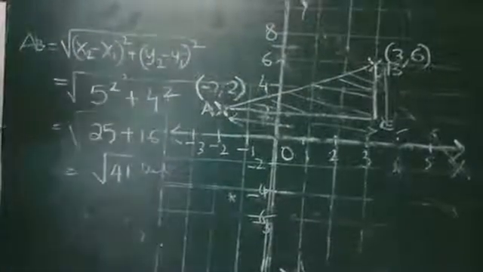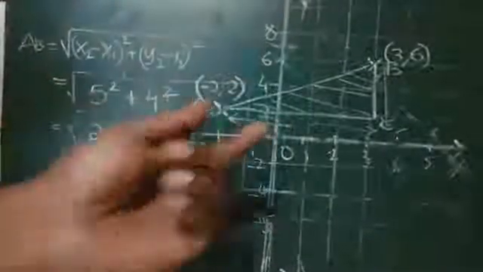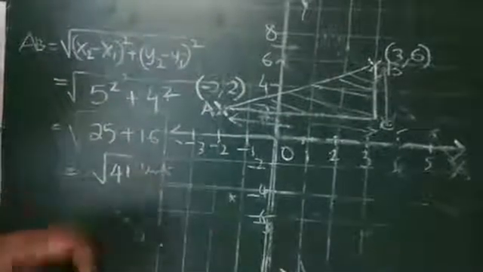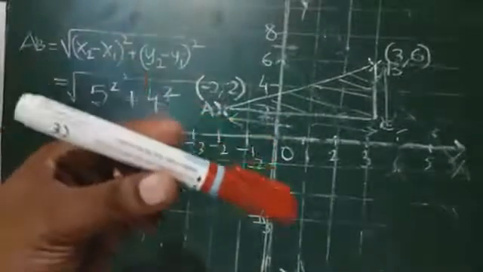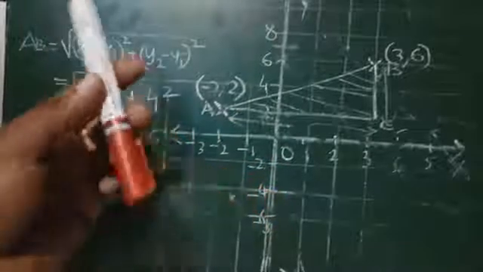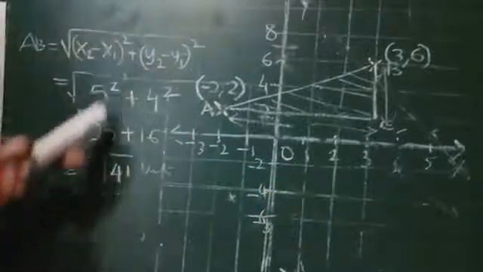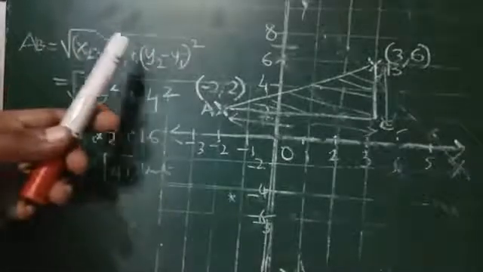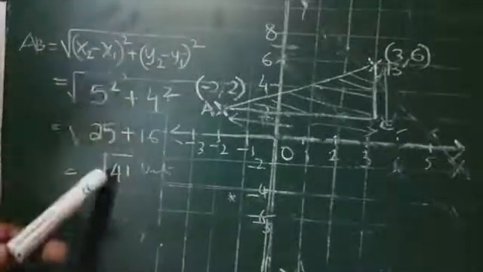Root of 41 units. If you take centimeter, it becomes square root of 41 centimeter. That is the length of this marker. By using the formula, the length of the line segment or distance formula, this is the concept.